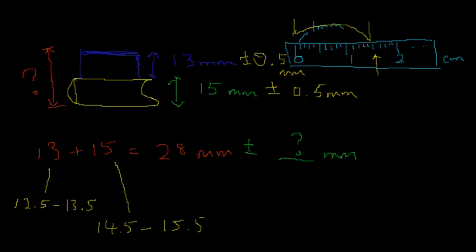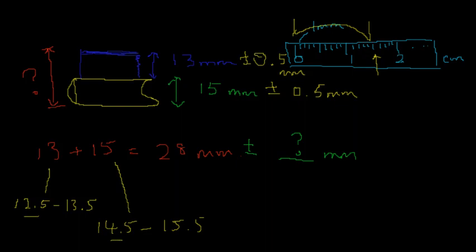We can say something about the possible range of values. Now we can start with the smallest possible number, which we get simply by adding the two smallest possible numbers. So for this one it is 12.5, for this one it is 14.5.